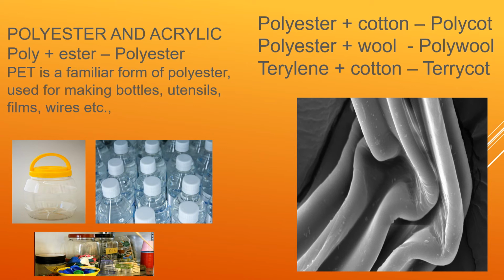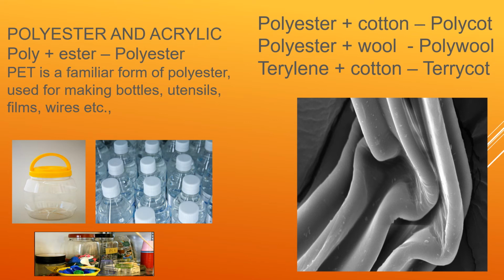Fabrics made from the fiber polyester do not get wrinkled easily. It remains crisp and it's easy to wash. So it's quite suitable for making dress material. Terylene can be drawn into very fine fibers that can be woven like any other yarn.